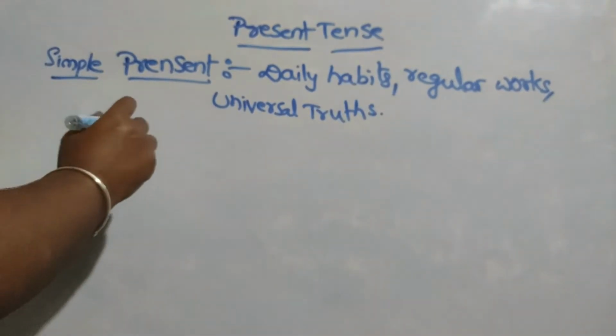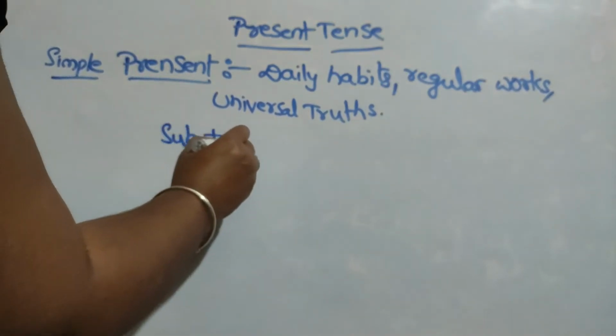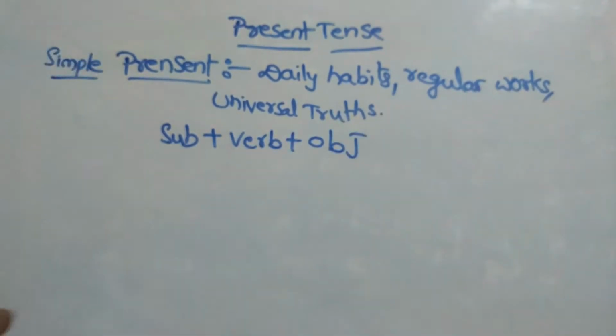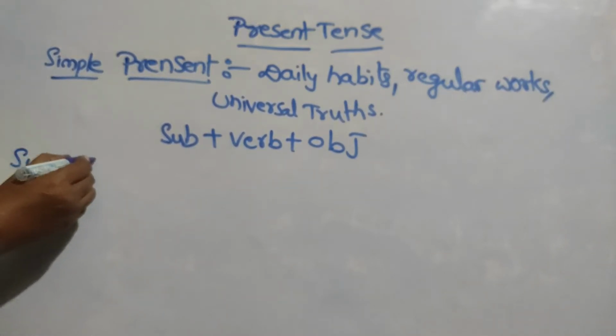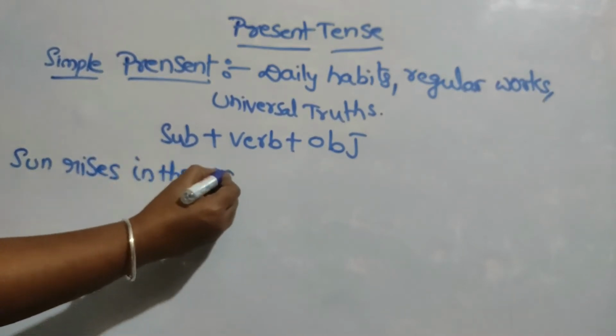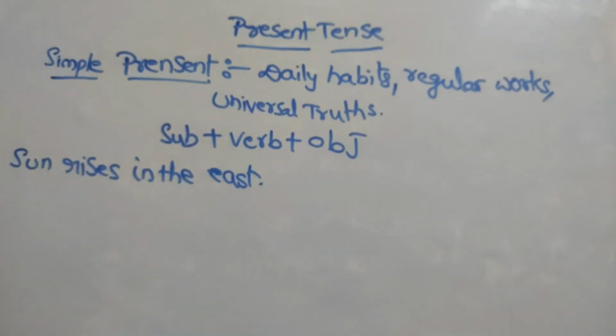Now the form of the simple present: subject plus verb plus object. This is the form of the sentence. Sun rises in the east. It is a universal truth; it never changes.